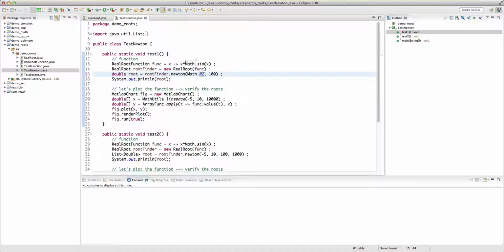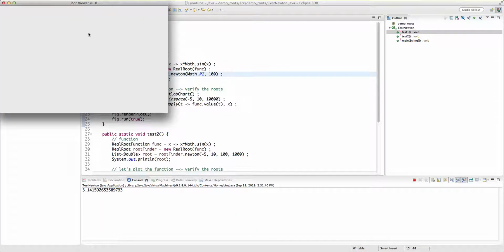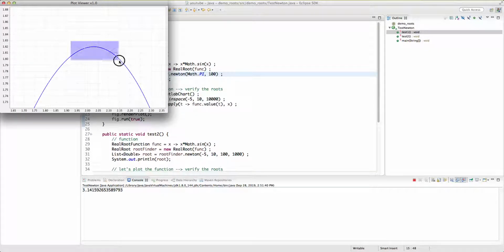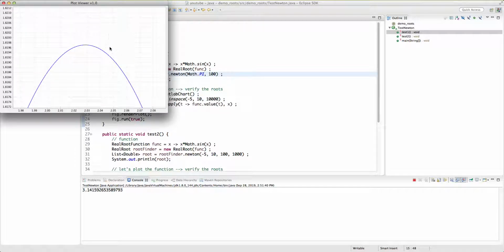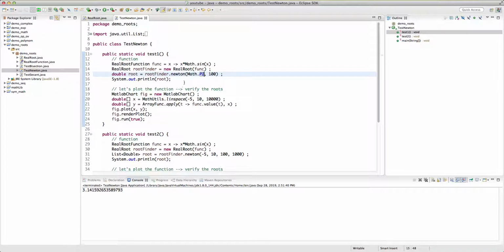We know that this function at pi has a 0, right? It immediately gives it, but there is a point where the derivative is 0, and it's about 2.03. So let's start with a point where the derivative is almost 0.